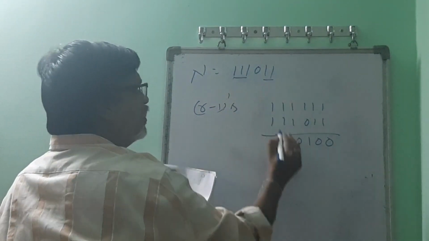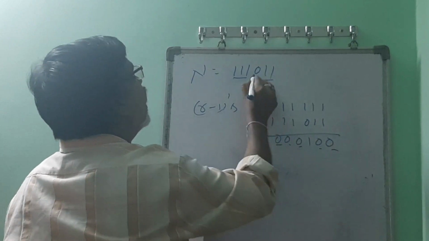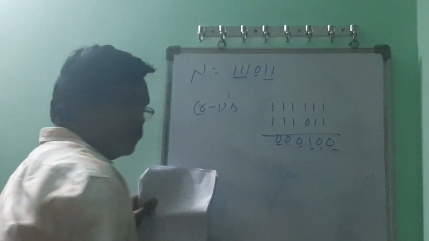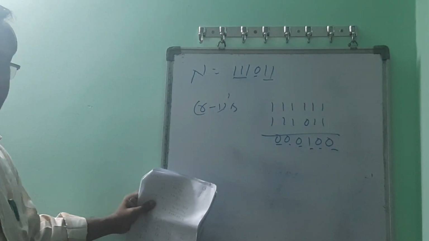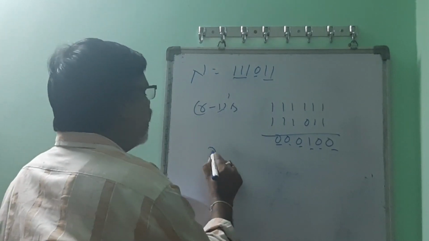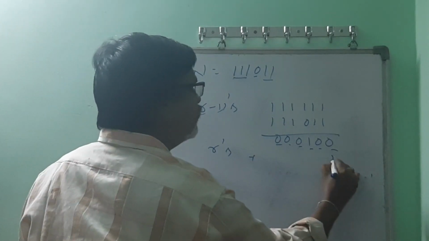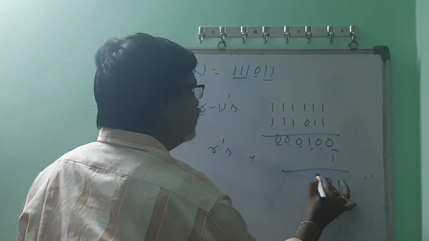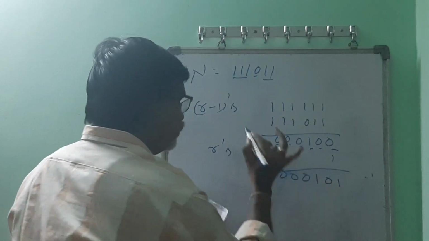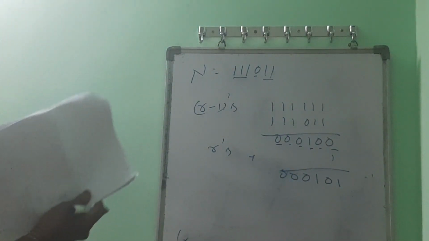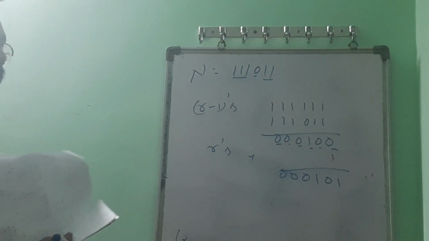All the ones are converted to zeros and the zeros are converted to ones. Simply, it's the complement. If you want the r's complement, then add 1 here, so you get 000101. This is the way to calculate r's and r minus 1's complements in a simple way.